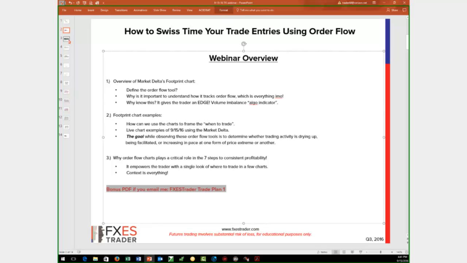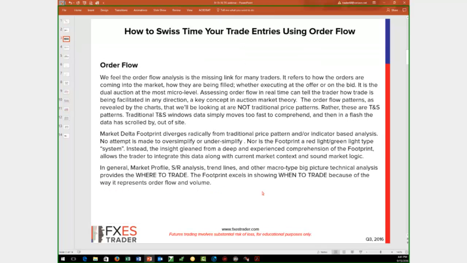All right, so let's get into this. Order flow. I'm not going to read all these paragraphs to you, but the key thing with order flow is that you want to know where the aggressive trade is taking place.